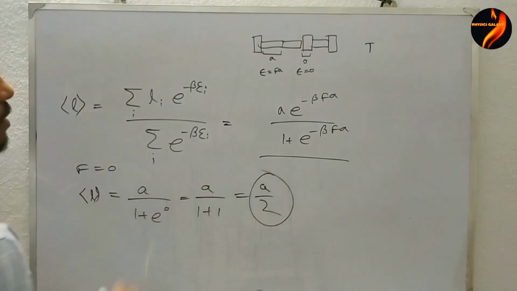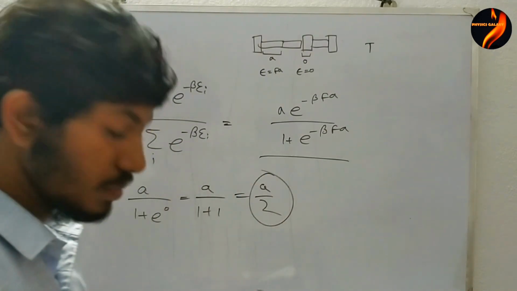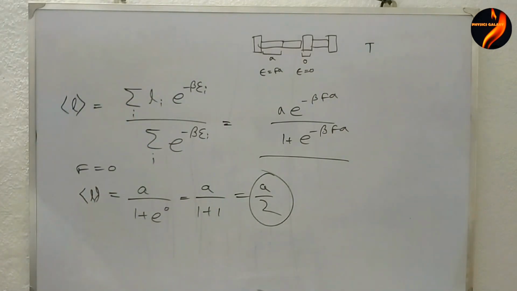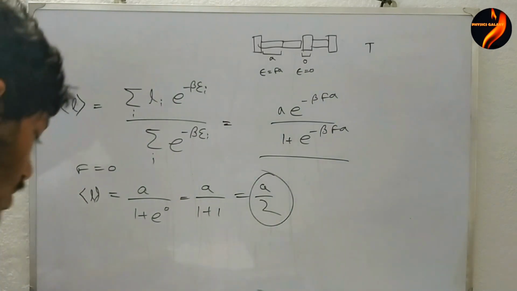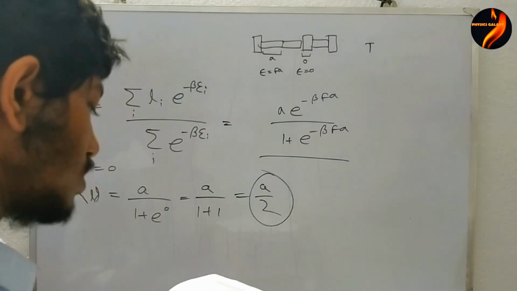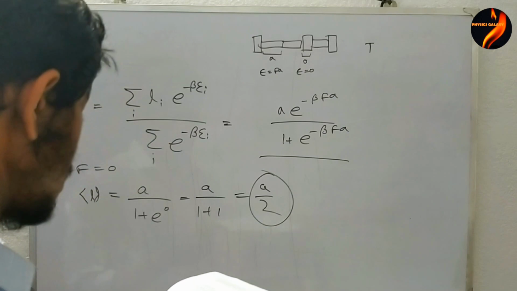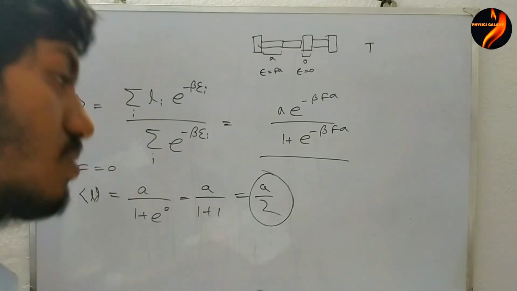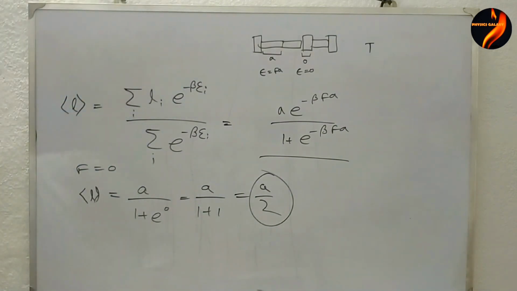So this is the mean length of this chain at equilibrium when F equals 0. Then there is another question: what is the spring constant of the system for a small deformation near the equilibrium length when F is very small? Actually, I couldn't do this at that time.